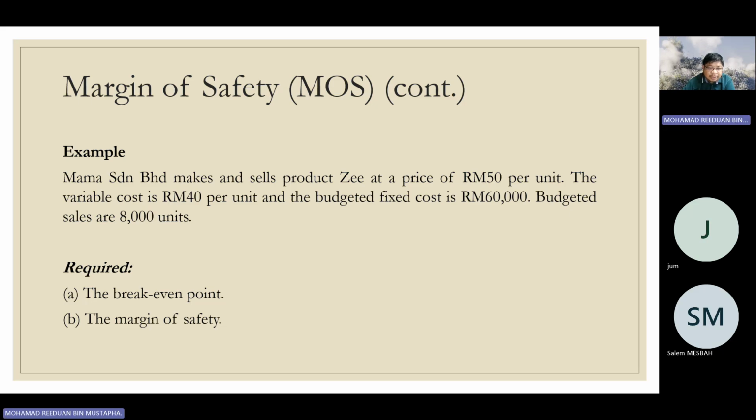Can you solve this one first? Or I think you can refer to the slide that I gave you earlier. Actually, there is a formula that you can refer to.